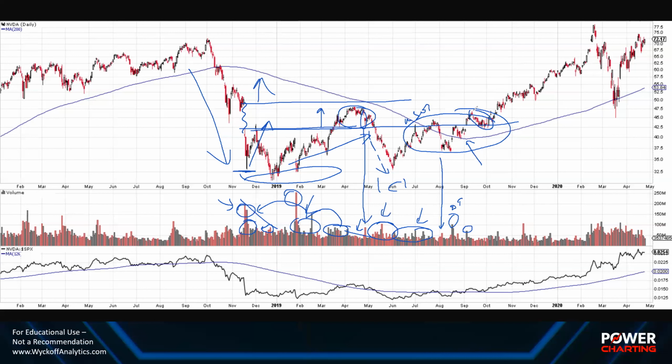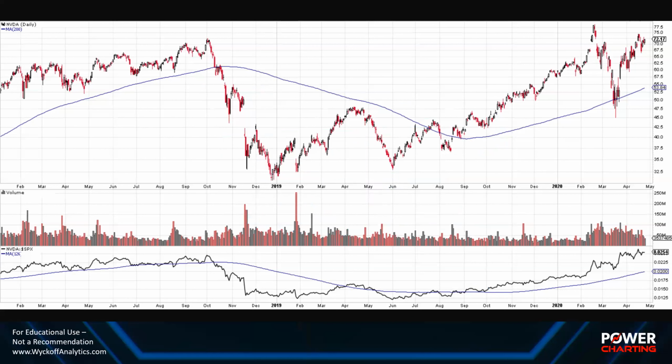And then we see how the finalized last reaction looks in terms of non-availability of the supply. Selling is exhausted not just in the lower part of the trading range, but actually at the level of the resistance in the area of the gap down that we have had. This concludes the whole accumulation, and now we are ready to go up.